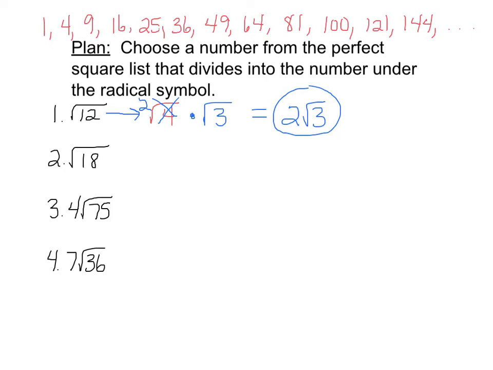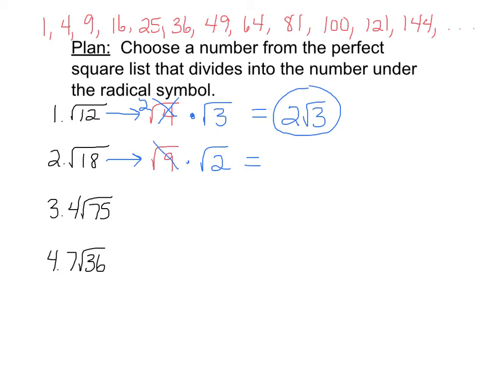Let's do the same thing for the square root of 18. I can think, hey, 6 times 3 gives me 18. And it is, but 6 and 3 are not in my list, so I can't use 6 and 3. I have to use one of the numbers has to be in my list. So 9, square root of 9 times the square root of 2. 9 times 2 gives you 18, so square root of 9 times square root of 2 gives you square root of 18.